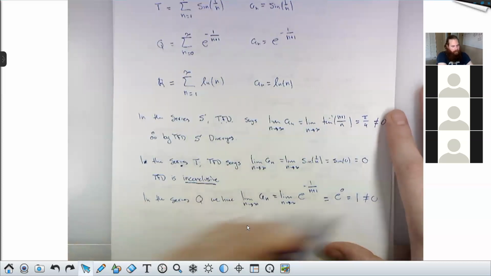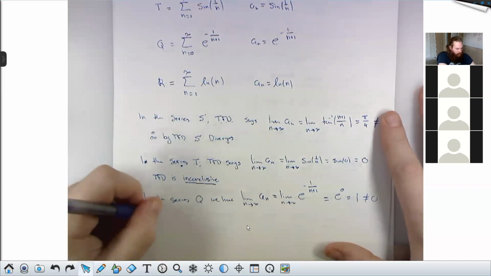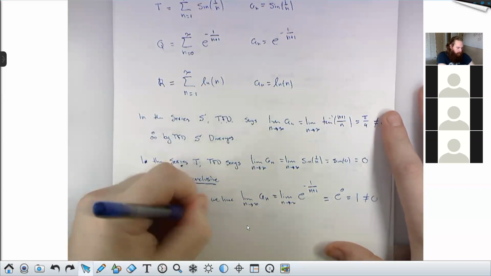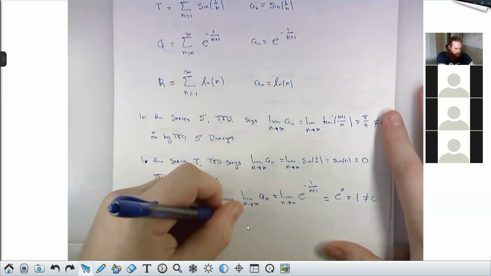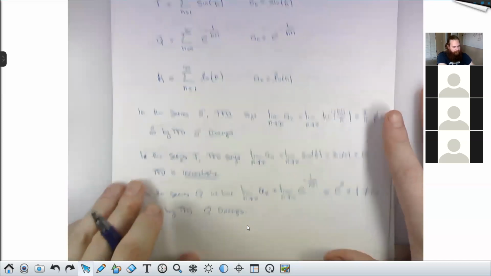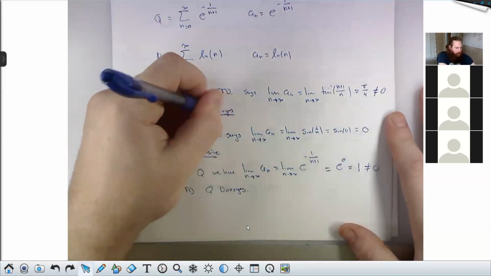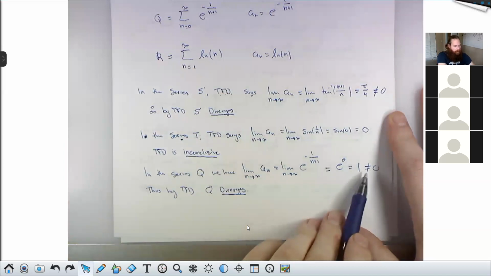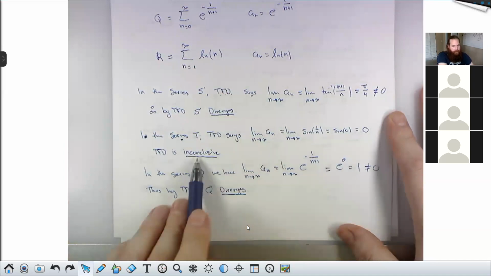So here the ANs go to something other than 0. Thus, by TFD, Q diverges. So if the limit of the ANs is not 0, then the series diverges. If the limit of the ANs is 0, TFD is inconclusive.